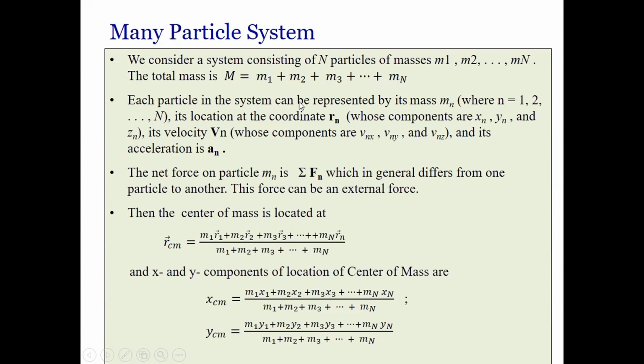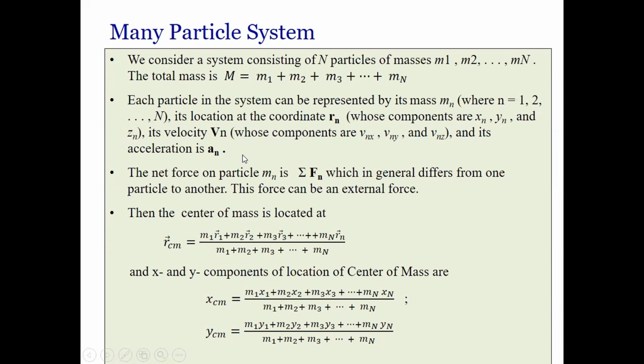Each particle in the system is represented by its mass, and its location is given by the coordinates r1, r2, r3, with components x1, y1, x2, y2, x3, y3, x4, y4, and so on. It will have velocity vectors and acceleration vectors also.